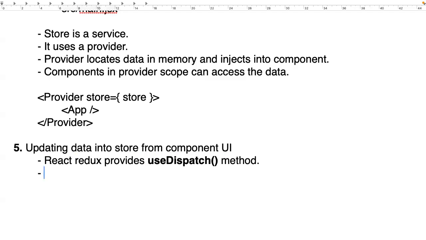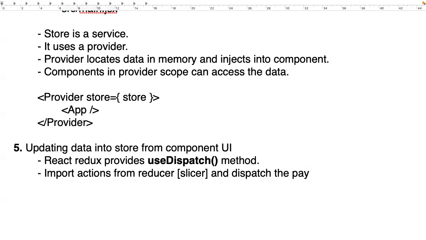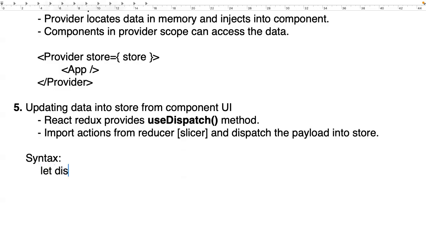So what we have to do? Import actions from a reducer, which is in the slicer, and dispatch. Import actions from the reducer and dispatch the payload into the store. Syntactically, we have to use dispatch is equal to useDispatch.